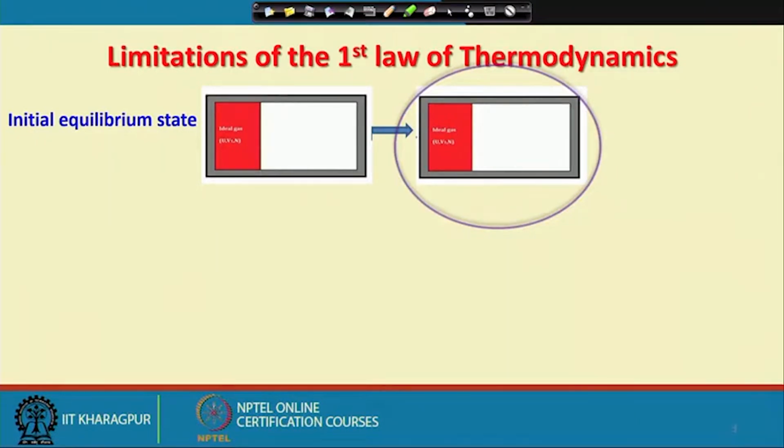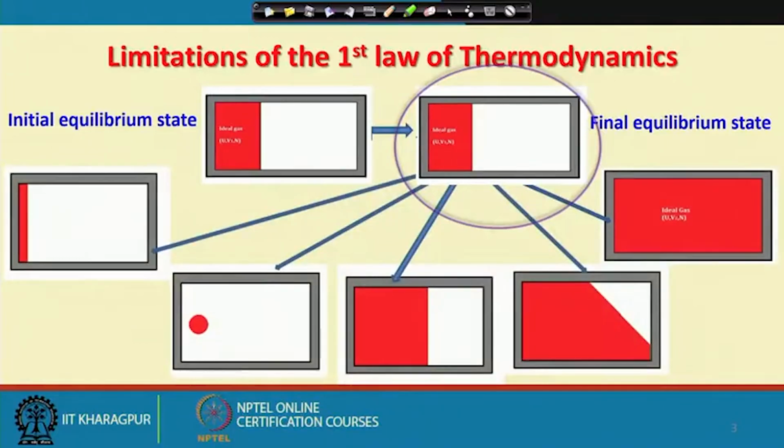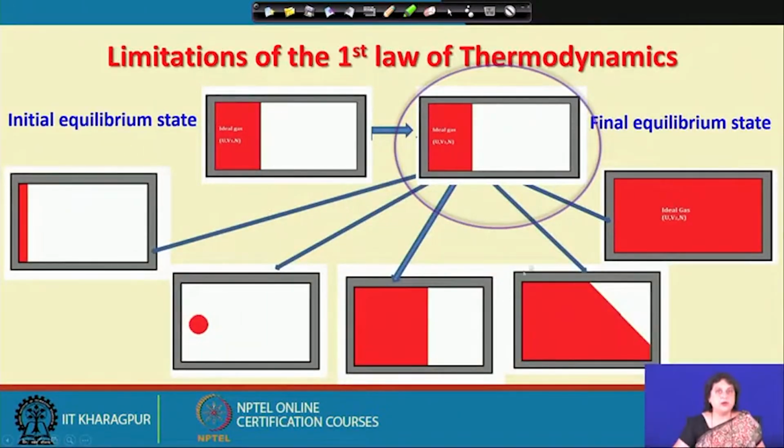Now, what will happen? There are many different possibilities under such circumstances, and these are highlighted over here. When the gas undergoes a change in state, it may so happen that it compresses and goes to one edge of the system and remains there. It may so happen the gas in a new equilibrium state curls up in a ball.